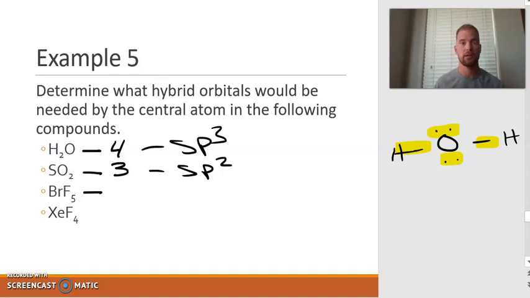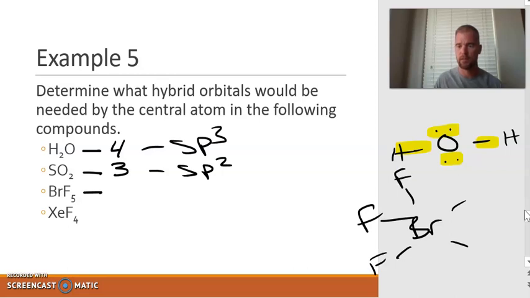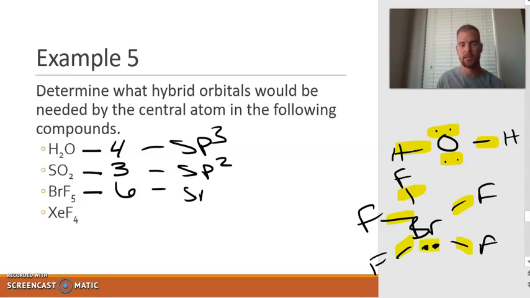So if you go back and take a look at that Lewis dot, I'll draw this one just to remind you that it's so important, you have to draw the Lewis dot because you end up getting the 5 fluorines, but then remember there was a lone pair there. So how many electron domains are there? 1, 2, 3, 4, 5, 6. So because there are 6 electron domains, that's going to need the sp3d2.